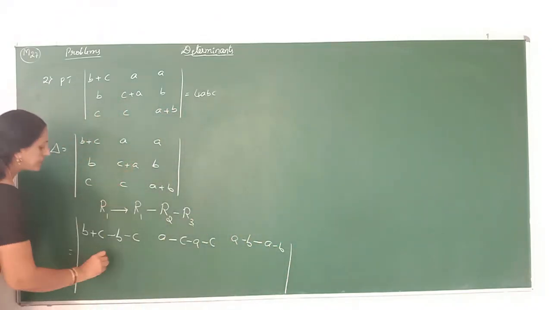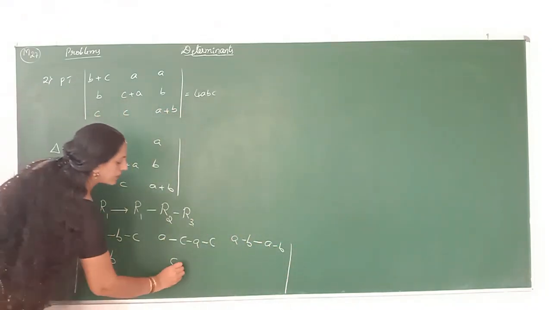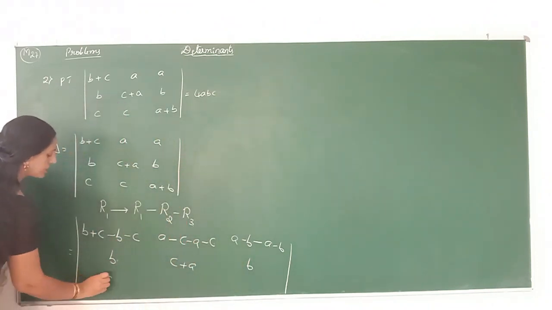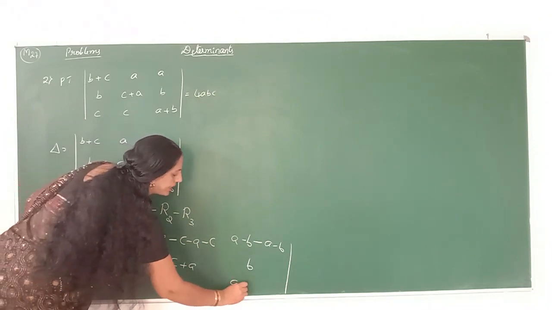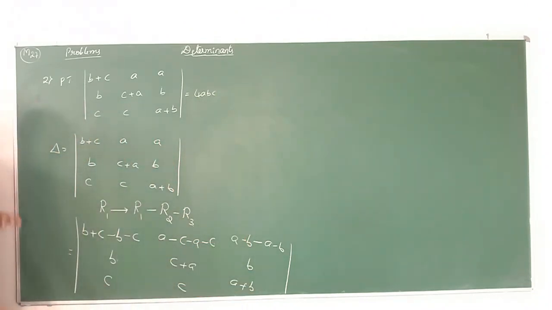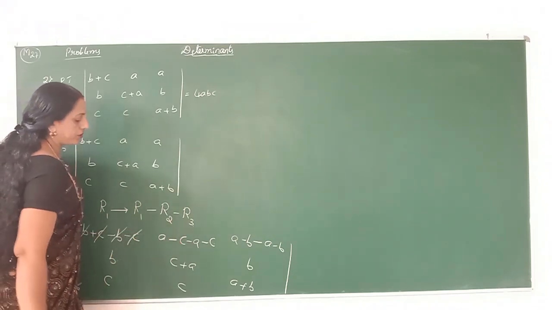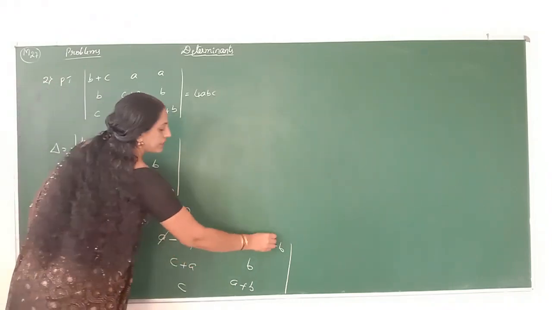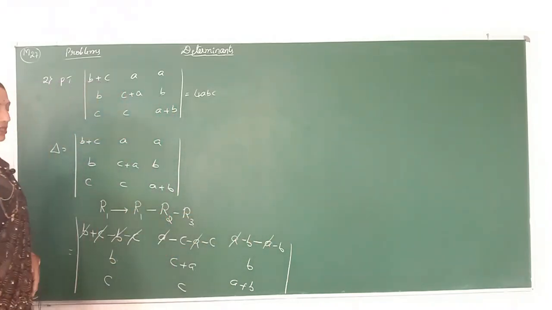And the elements of the second and third rows are unchanged, c, a plus b. So after that, plus b minus b and plus c minus c get cancelled. Therefore all the elements of the first row get cancelled, and in the second element, minus a plus a gets cancelled, and plus a minus a also gets cancelled.